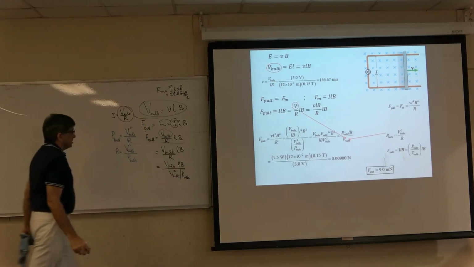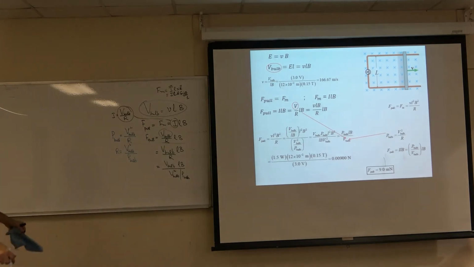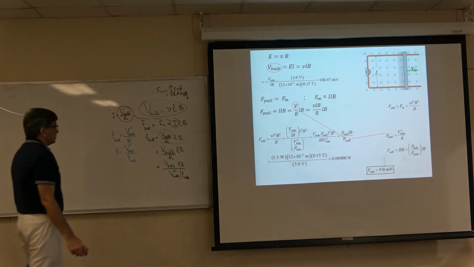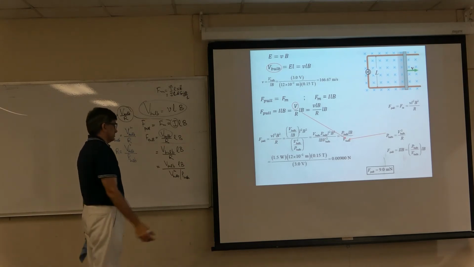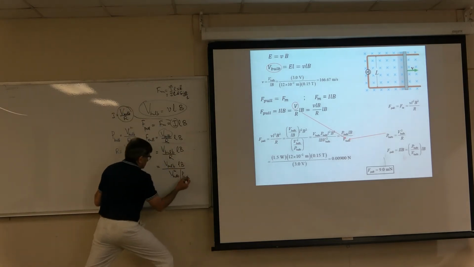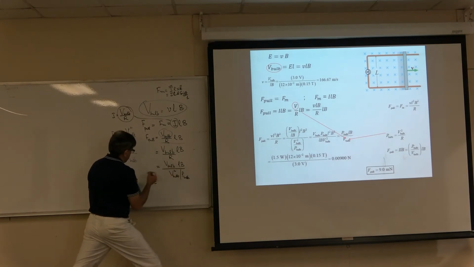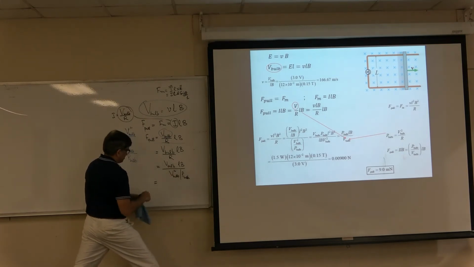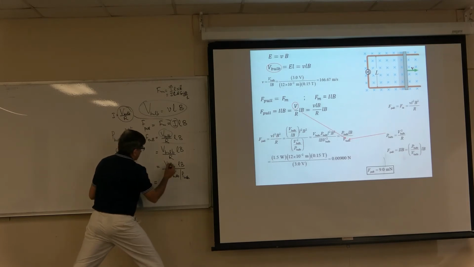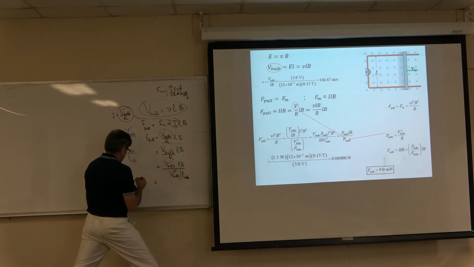Alright? Now, this power dissipated, I can move it. Let's take the power dissipated to the top. Also I can cancel out one of the potential differences here. This will go with this square.